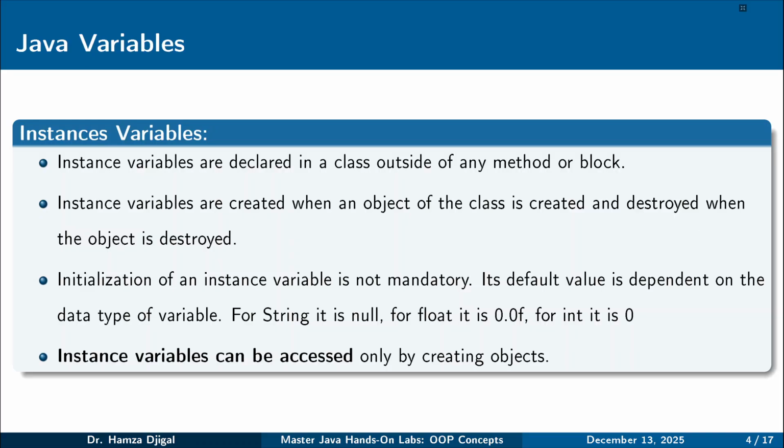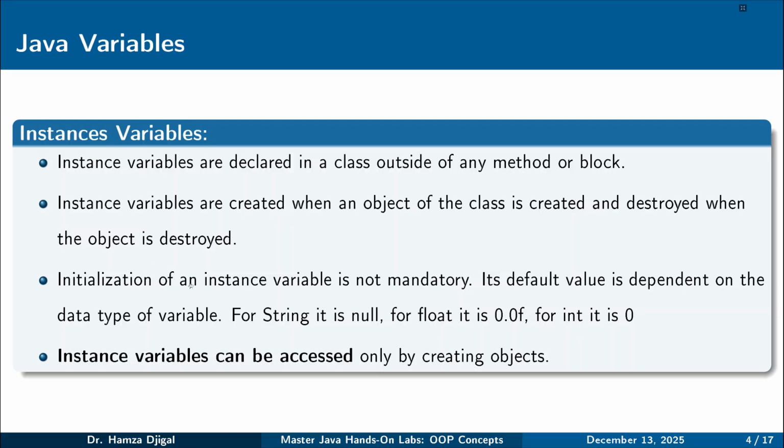This is for memory management. Any time we create a new object, the variable is created when the object of the class is created, and we will show exactly how to create an object of the class. Basically it is when we use the keyword new. We will see it in some examples.